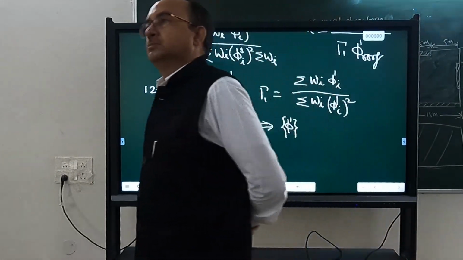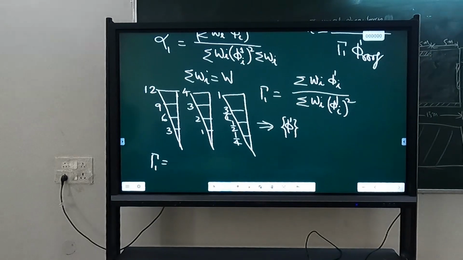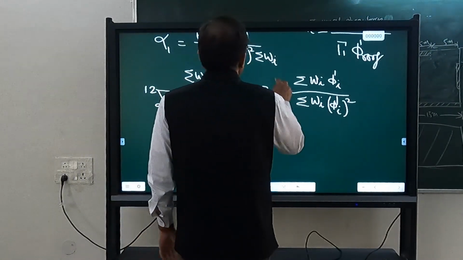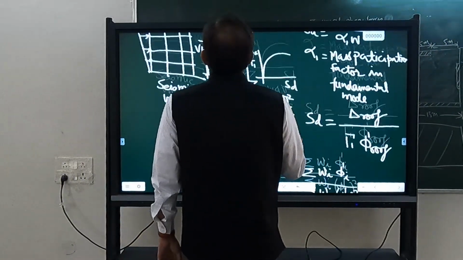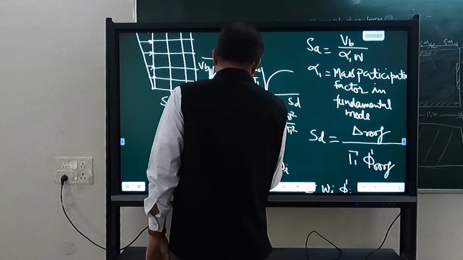We have a graph between VB and delta roof. We know VB equals AH into W. And what is AH? It is not really that. That is the design base shear, one value of the base shear which you have designed for. That is the capacity.